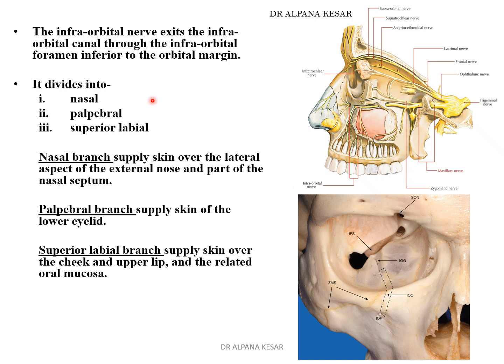They are nasal, palpebral, and superior labial. Nasal branch supplies the skin of the external nose. Palpebral branch supplies the skin of the lower eyelid. And superior labial supplies the skin of the upper lip and cheek.